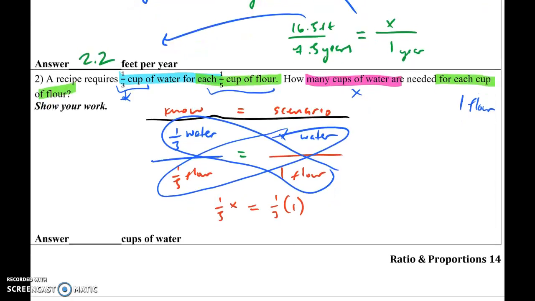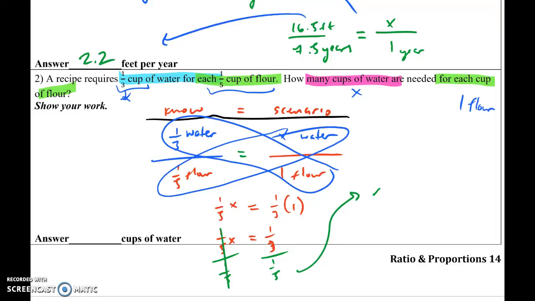Okay? 1/5 times X is the same thing. 1/3 times 1 is 1/3. Now you need to divide by the coefficient. This is going to divide to 1. And we're left with X equals, over here we have 1/3 divided by 1/5.